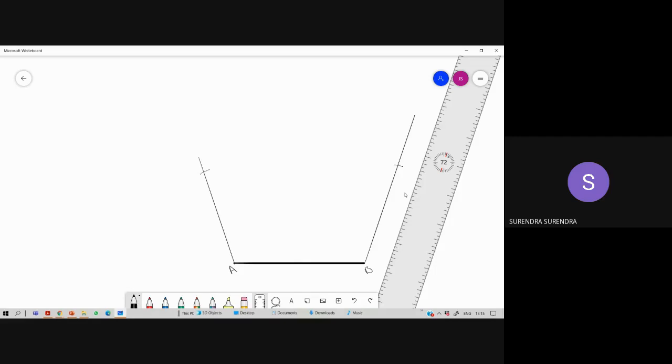Let these points be C and E. Taking C as center and the same radius, draw an arc. And with E as center and 30 mm radius, draw an arc. You'll get an intersection point. This is D. Now join DE and DC with the scale.